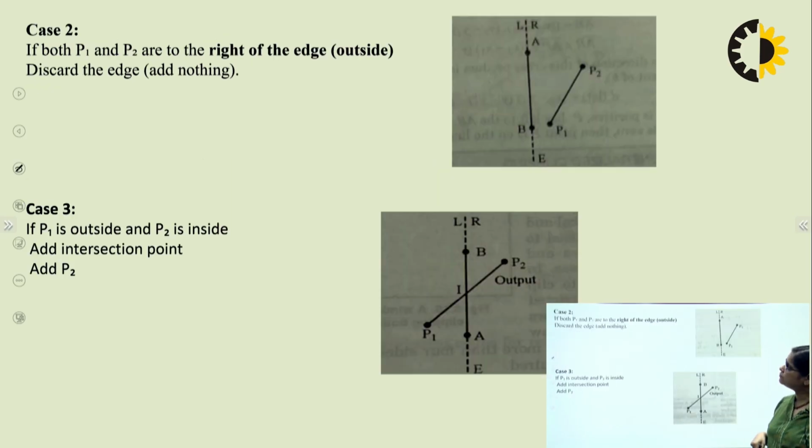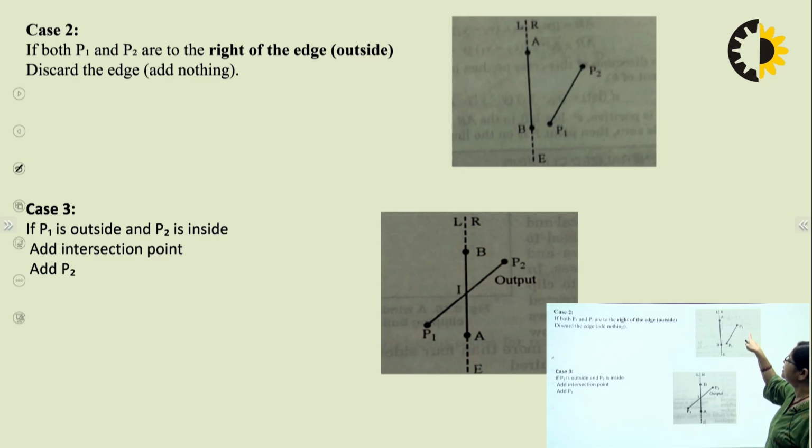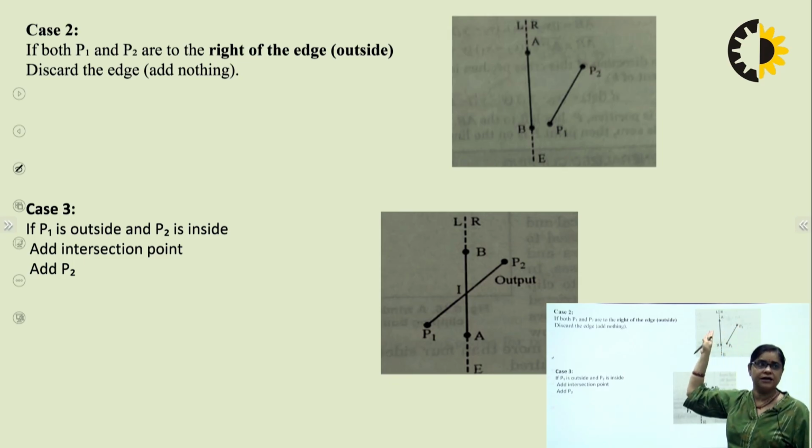Now, in this line segment, if P1 and P2 are on the right of the edge, we are considering it as outside of the line segment. We are considering this right side as the outside and the left side as the inside.